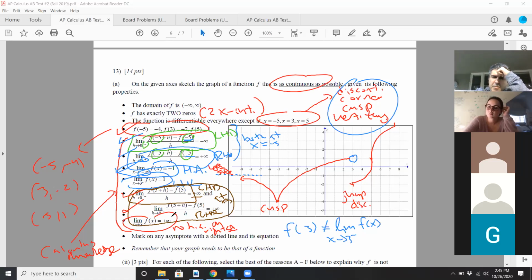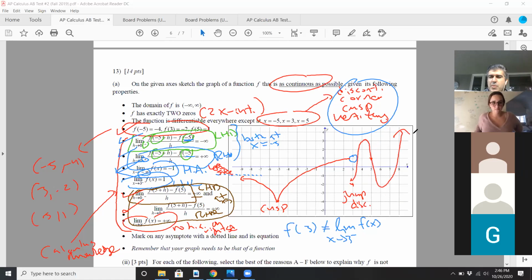The only other thing I could think of would have been so bizarre. I guess I could have done like this, but then on the right side, it's going forever towards positive infinity when x is going towards infinity. That's just too weird. So I won't do anything like that, but good question though.